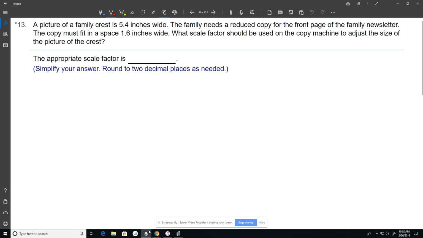Number 13, a picture of a family crest is 5.4 inches wide. They want to reduce a copy for their newsletter. The copy must fit in a space 1.6. So this is one that we're going to use. It wants us to find the scale factor to go from 5.4 to 1.6. So scale factor, remember, is the new divided by the old.